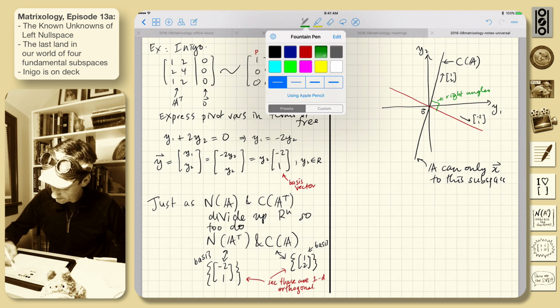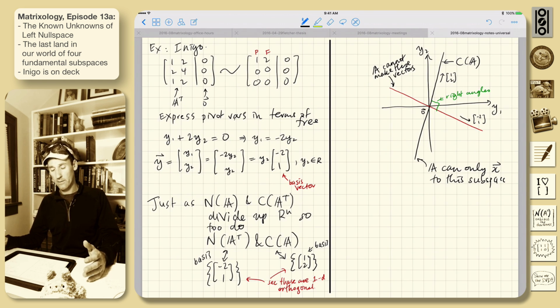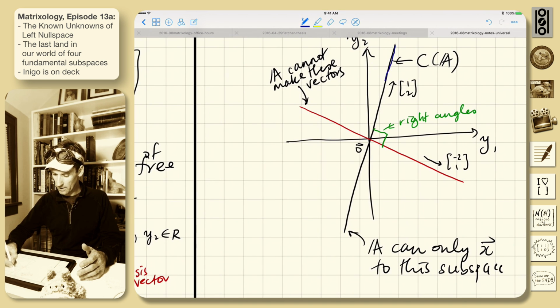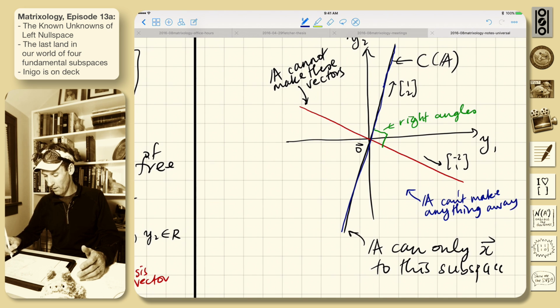Then we say that A cannot make these vectors. Can't do it. In fact, A can't make anything that's not on the column space, it cannot make anything that's not here. A can make some of it, and that's what we'll get to next, but away from the column space of A it can't.